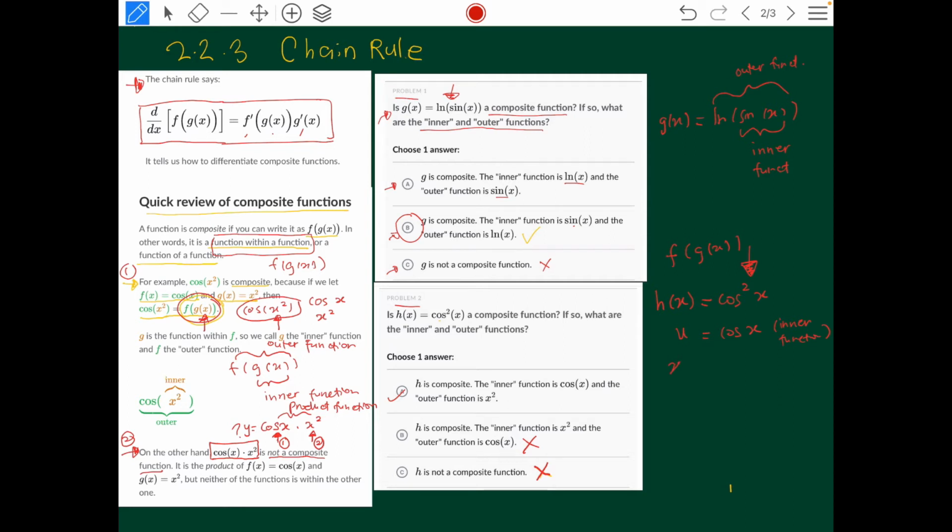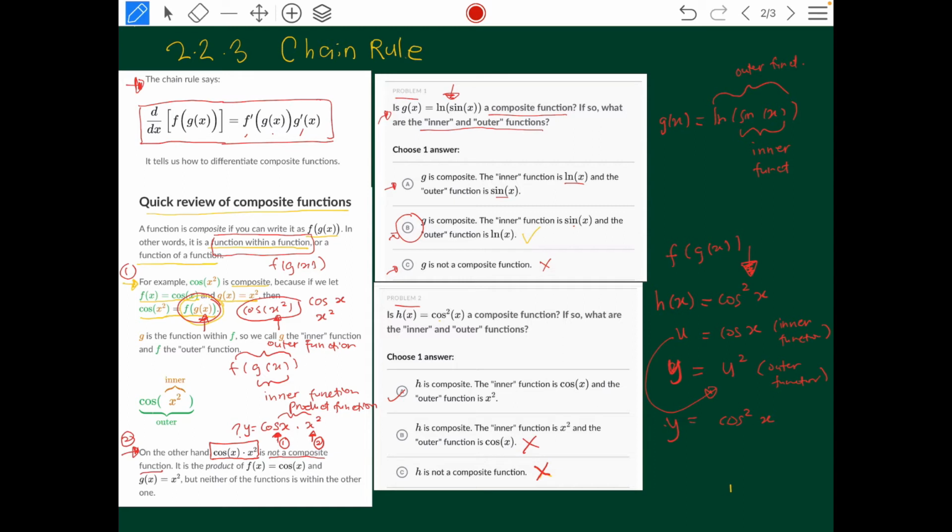Then y, the outer function, is u squared. This is actually just a substitution. If you substitute it back here, you'll get cos squared x. You got the idea now?